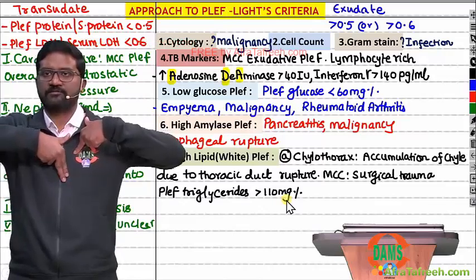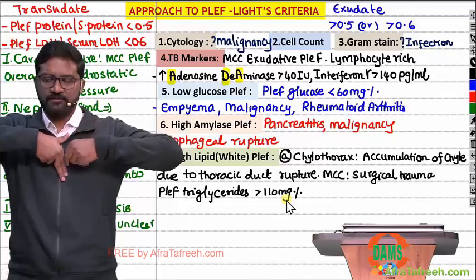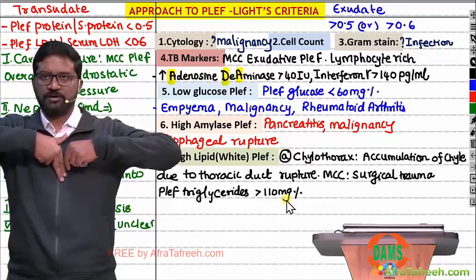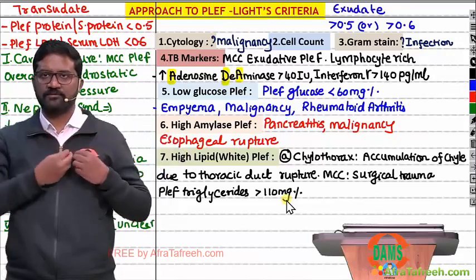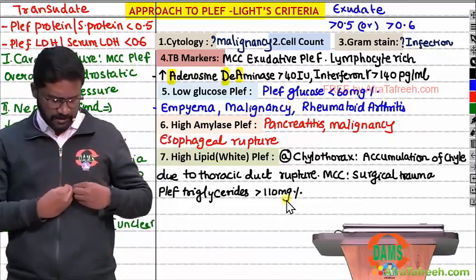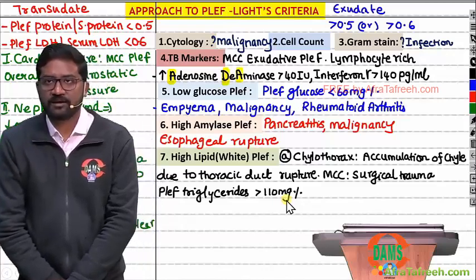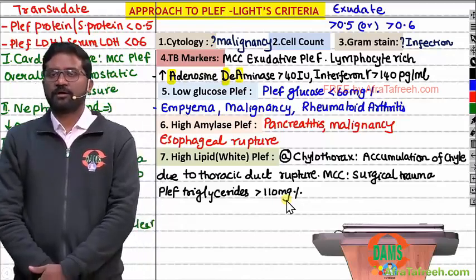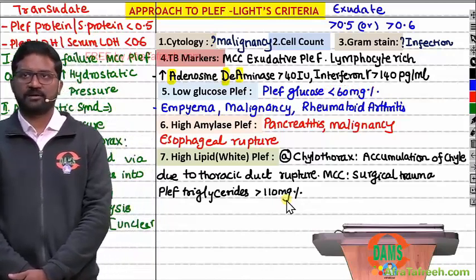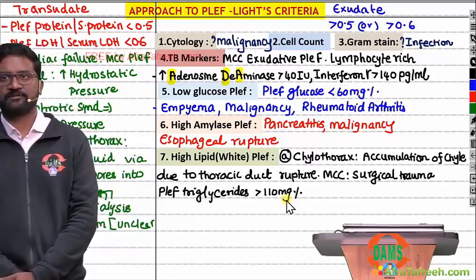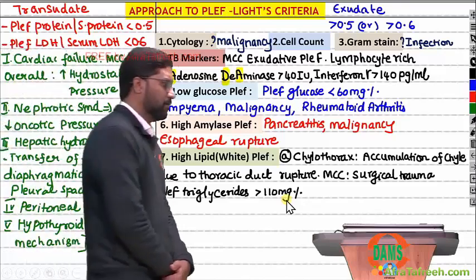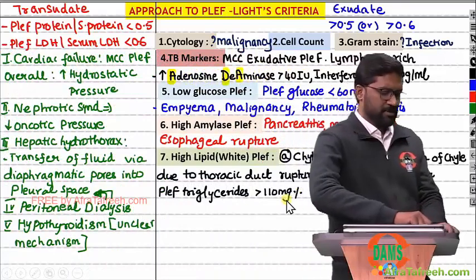So whenever the thoracic duct is damaged, the surrounding mediastinal pleura can also be damaged. So the contents of the thoracic duct will start accumulating in the pleural space. What does the thoracic duct contain? Chyle. And what does chyle contain? Triglycerides. So here the disease defining feature is pleural effusion triglycerides more than 110 mg%.